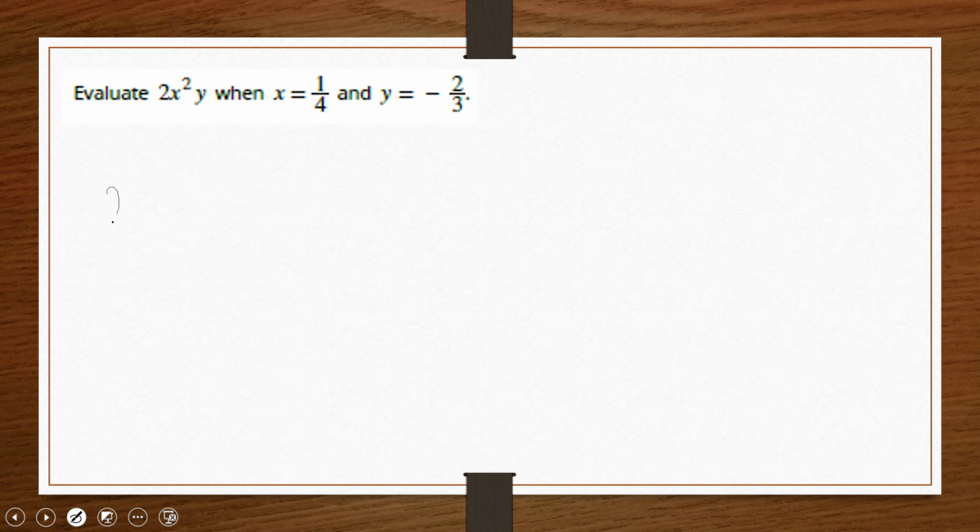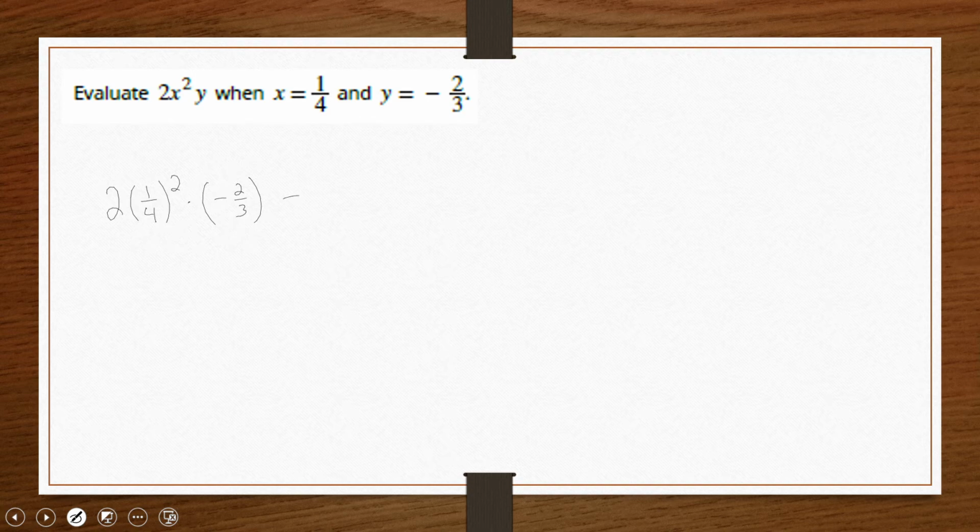Well, first things first, I need to make my substitutions. And when I make substitutions, I often use the parentheticals here to sort of isolate the values, right? And it'll look something like this. I've got x squared, so that's 1/4 to the second power, and then times y, so negative 2/3 getting multiplied in there as well.